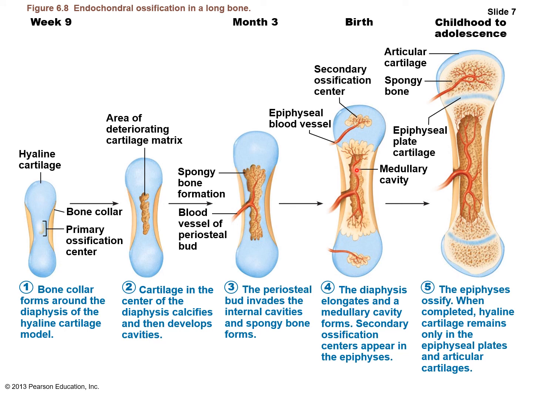And so which cells are going to come in to break down some of that spongy bone that was just deposited? The osteoclasts. The osteoclasts are going to break down some of the spongy bone matrix that was just deposited by the osteoblasts. And again, the reason why they're coming in and breaking down some of that bony matrix is so that you can end up with the medullary cavity.